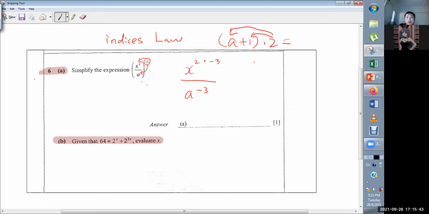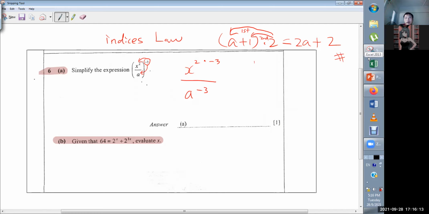So the first arrow, 2 times a, you will get 2a, right? Then this is your second arrow. Second arrow is 2 times 1 is 2. Does it make sense for this one? I guess, yeah. Okay, good.